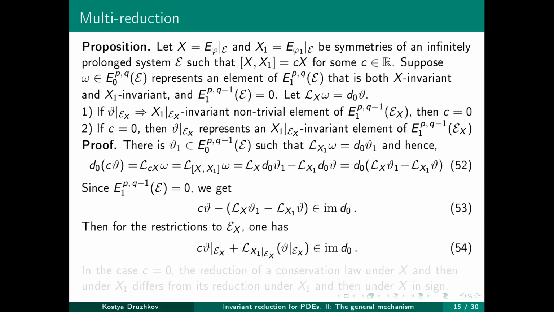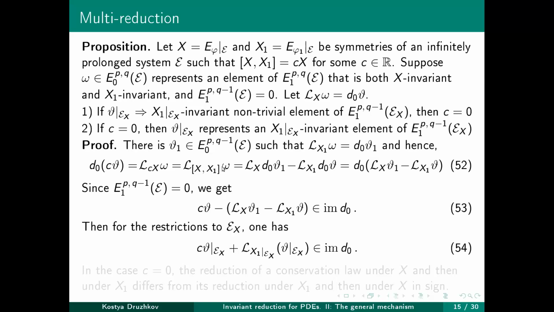Yeah, let me sketch the proof. Let us denote by theta1 the corresponding potential for the Lie derivative with respect to x1. And hence we have the following formula. So d0 of c theta is the same thing as the Lie derivative along cx of our representative. But cx is the commutator of x and x1.